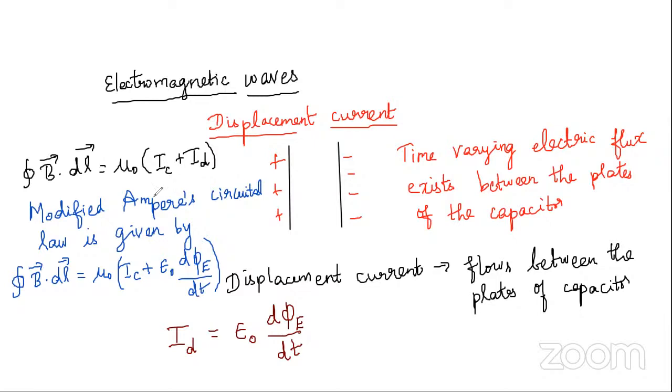That current is represented by IC. Displacement current is the current flowing between the plates of a capacitor due to the change of electric flux between the plates of the capacitor. That is called displacement current ID. So ID equal to epsilon naught into d phi e by dt. This is the concept of displacement current.